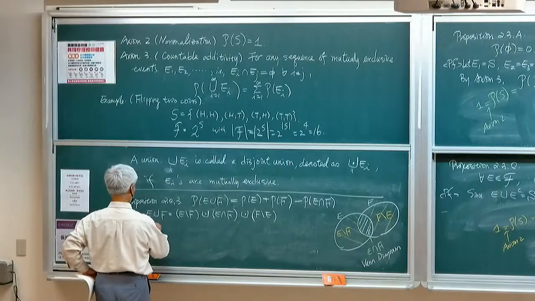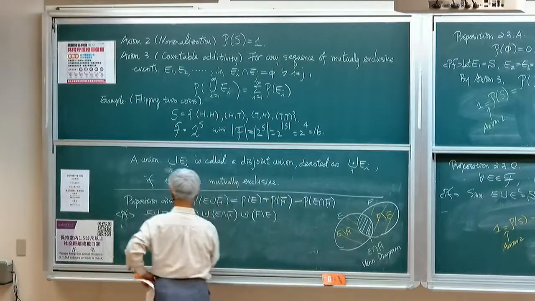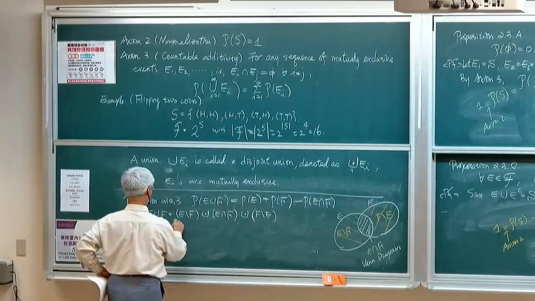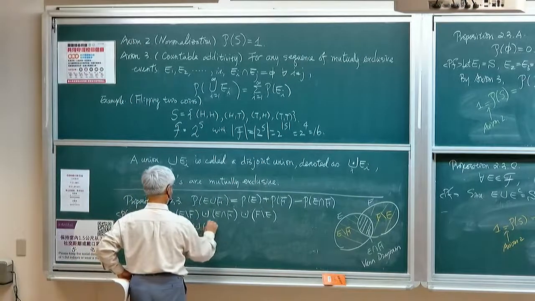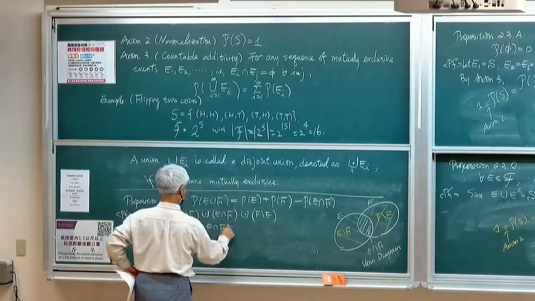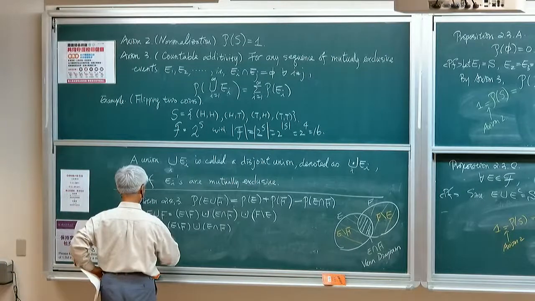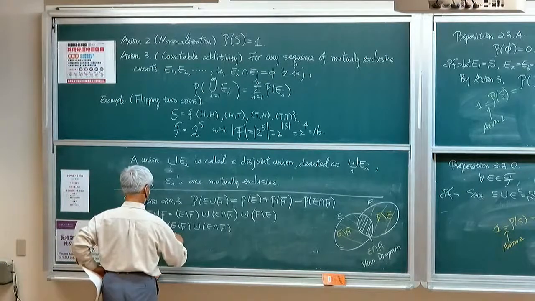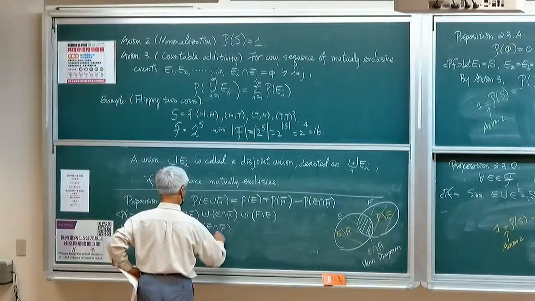Now, what about E? E has 2 parts, right? So E is E minus F, disjoint union E intersect F. And also for F, F is F minus E disjoint union E intersect F.